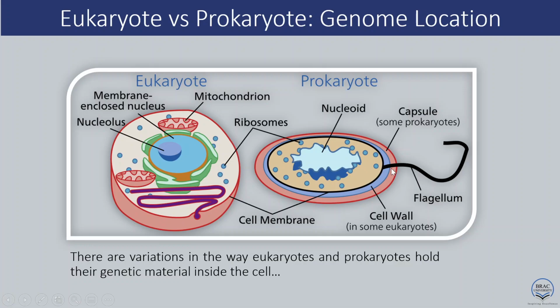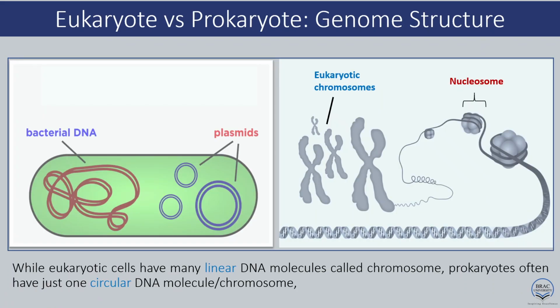In this chapter we'll be interested in the nuclear structure or nuclear organization of these two types of cells. So moving to the next slide. Here are two figures, one of a eukaryote and the other of a prokaryote.